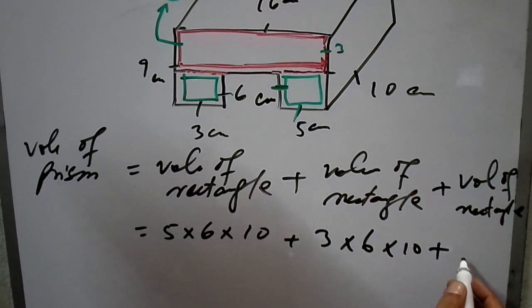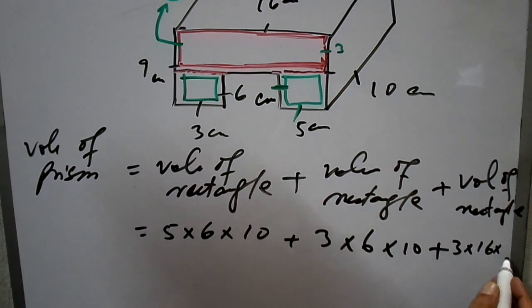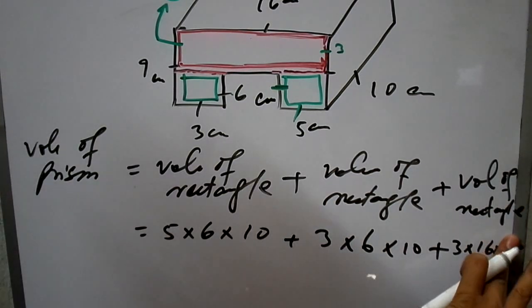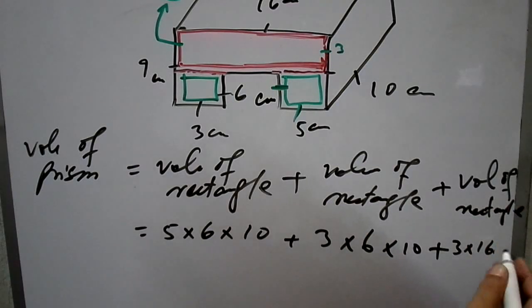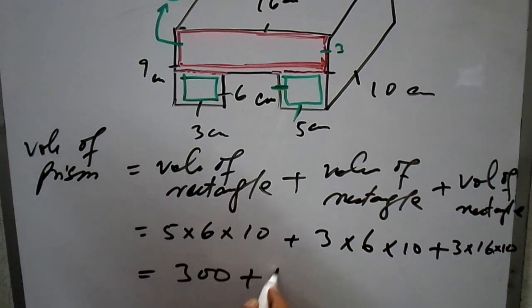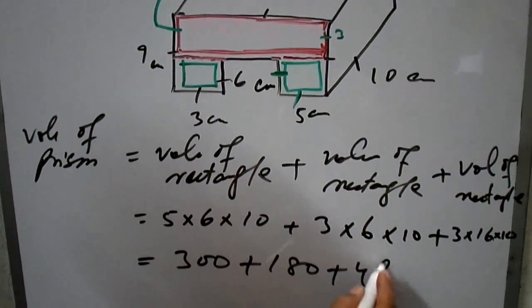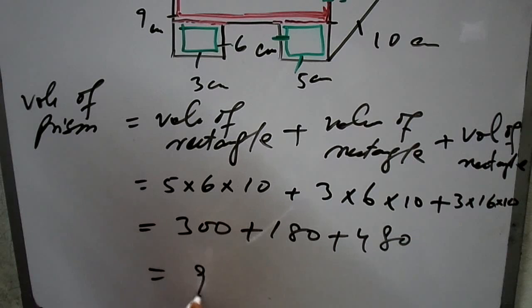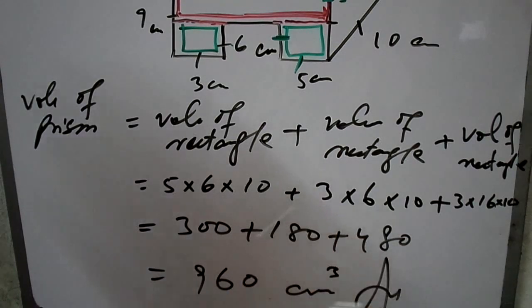Similarly third rectangle is 3 into 16 into 10, because 10 in all is common, because 10 is actually its length. After simplification you will get 300 plus 180 plus 480, so you will get the result 960 centimeter cube, its volume of this prism.